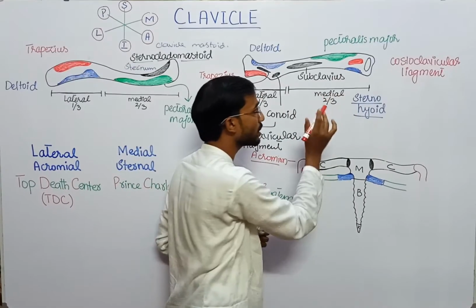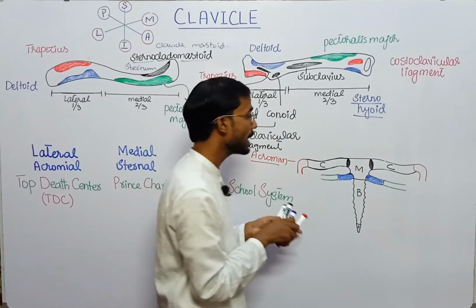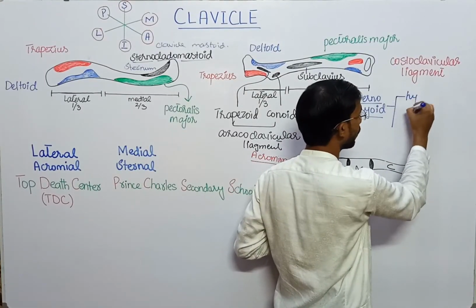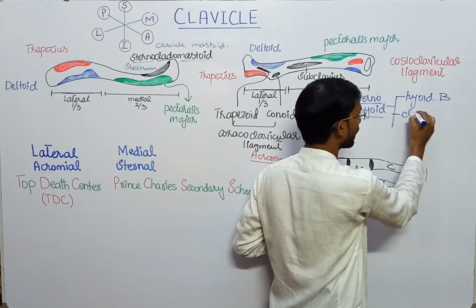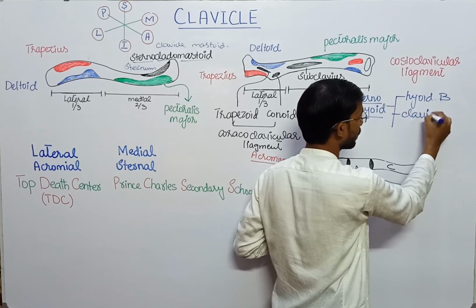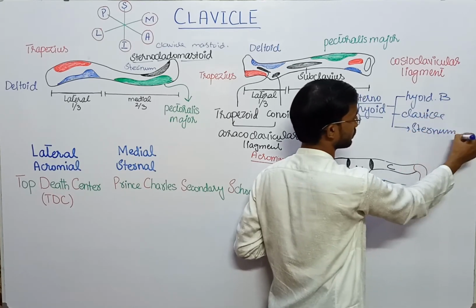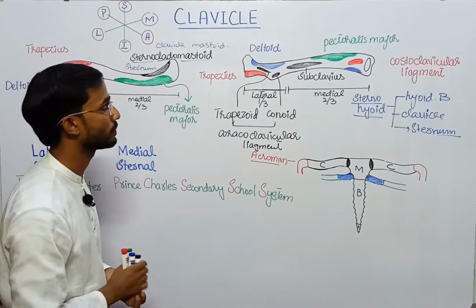And another muscle is the sternohyoid muscle. The sternohyoid muscle attaches to the hyoid bone, the clavicle, and it can also attach to the sternum. So this is the sternohyoid muscle.